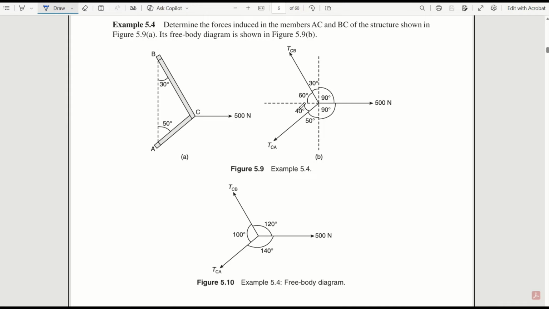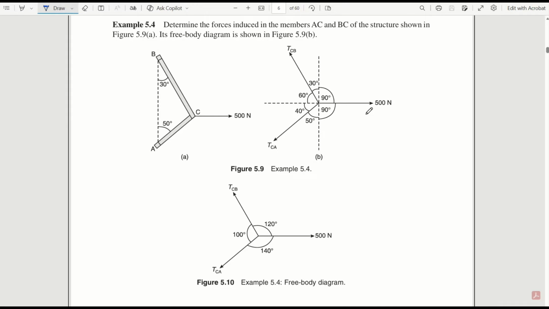But this will not be the case for most problems, because this is an example question. In exams, this will not be given. You have to draw it on your own, because that will also cost you marks. So for that reason, draw without seeing this free body diagram.